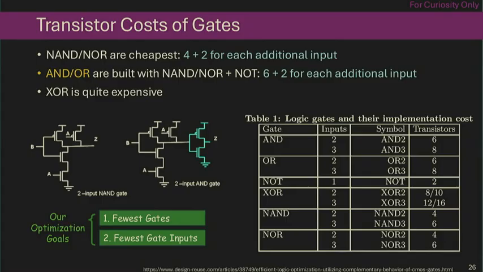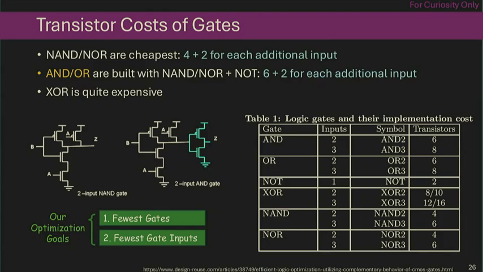And transistors, just in general, have different costs. Here's the actual cost to build each gate. AND and OR take about 6 transistors for a 2-input gate. 2-input NAND and NOR actually only take 4. So we're dealing with AND and OR, but when you build them as a circuit, NAND and NOR are actually more effective. They cost fewer transistors, and therefore have a smaller area.